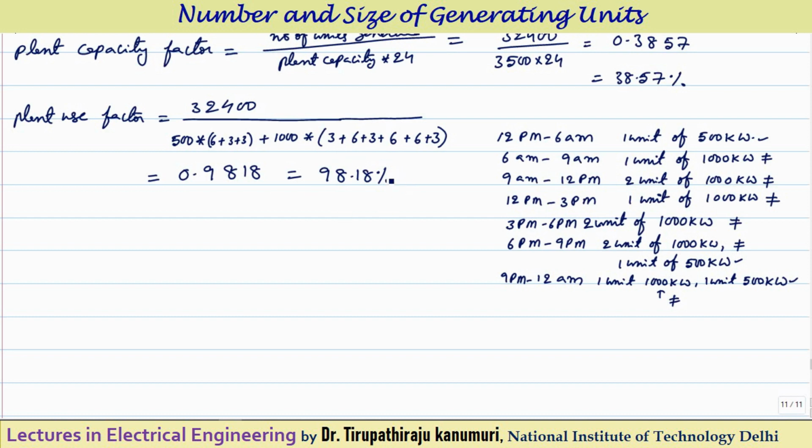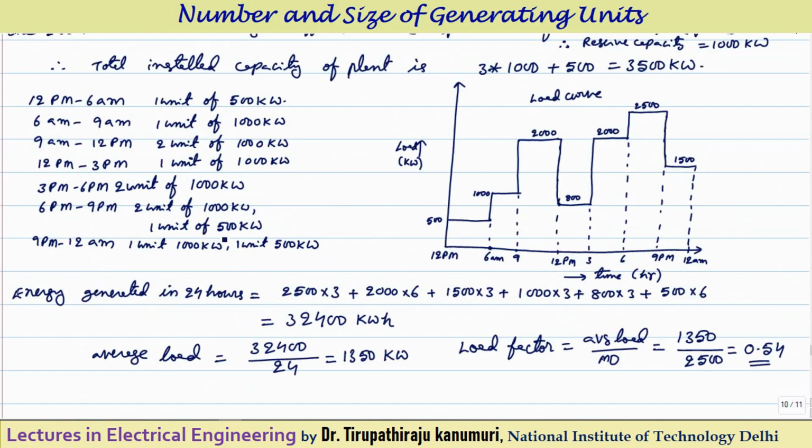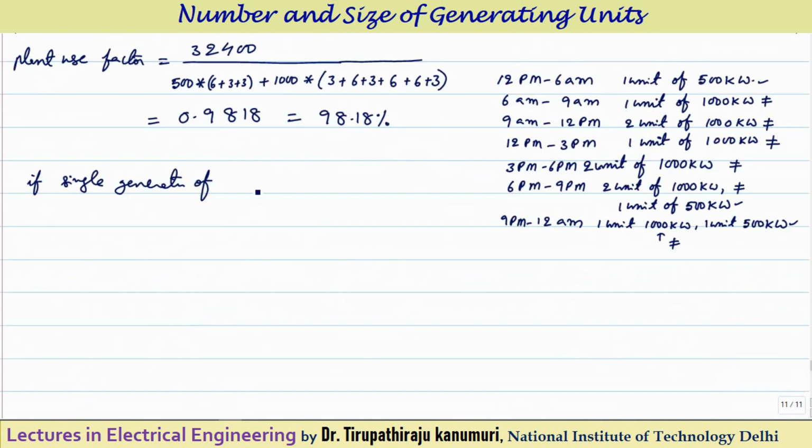Whereas if you are going for the normal case, that means if a single generator is used, what is the peak load in your system? The peak load is equal to 2500. So let us take the same thing.